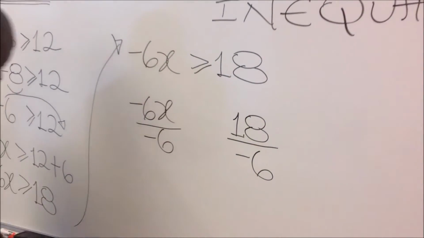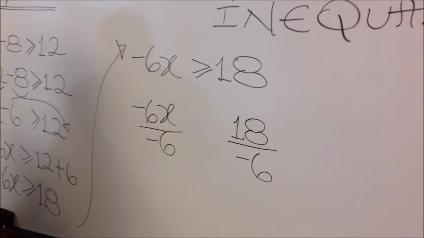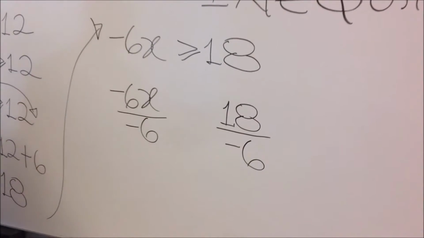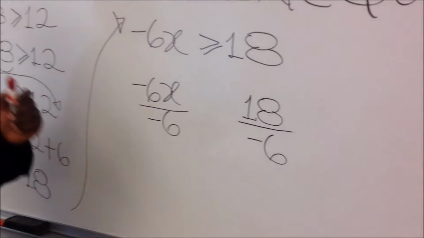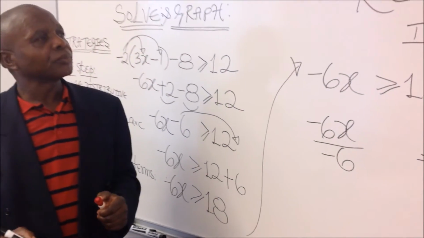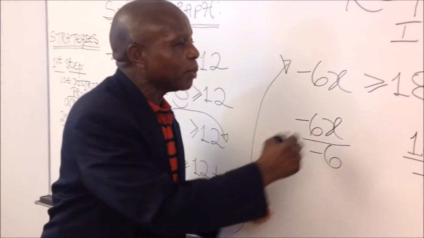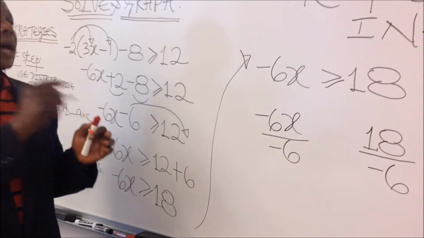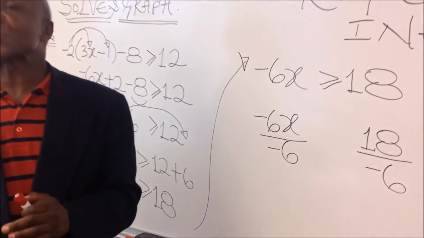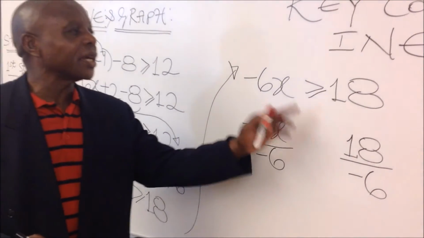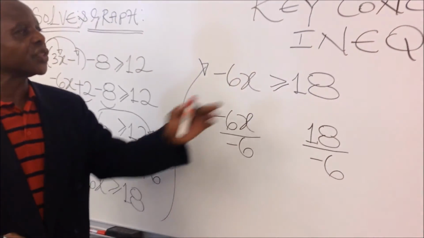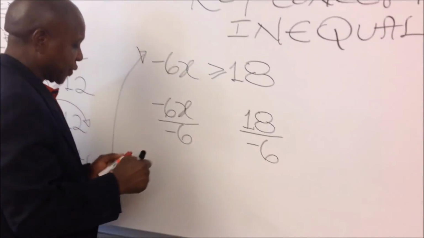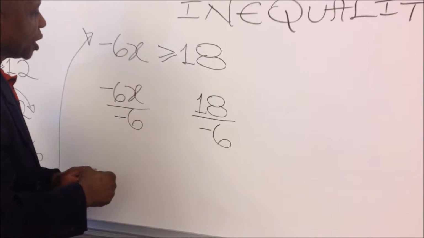The inequality symbol is going to be reversed, because there is a rule that says when you are solving a linear algebraic inequality, if you divide both sides of the inequality by a negative quantity or multiply both sides by a negative quantity, the symbol must be reversed. So the greater than symbol now will become what?